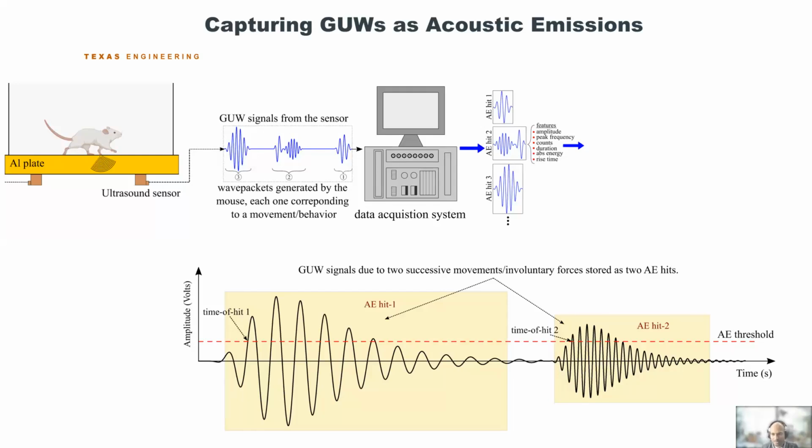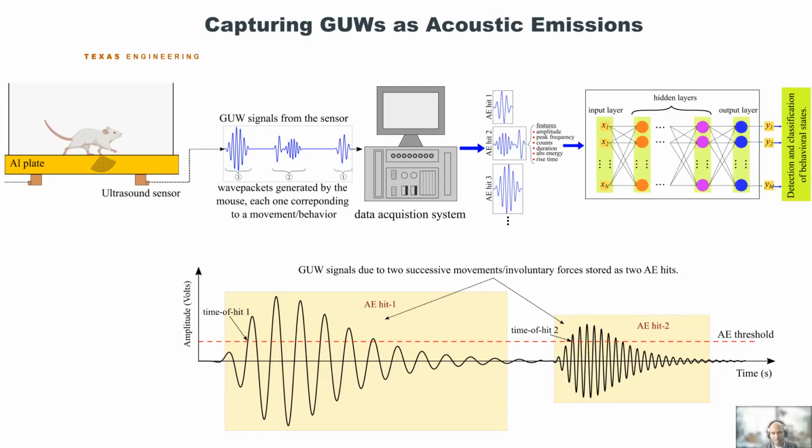And what this allows you to do is, instead of looking at waveforms, the system gives you certain features of the waveform, for example the duration, the amplitude, or the energy in the waveform. So at the end of the experiment, when you do an open field test, all you have is these discrete quantities for each hit. When you have these discrete quantities, you can feed them into a neural network and classify the behaviors and such.